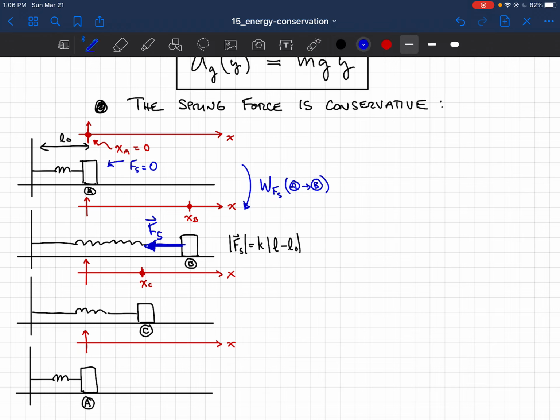So what we found last time is that we could calculate the amount of work done by breaking up the path into little segments along the x direction.